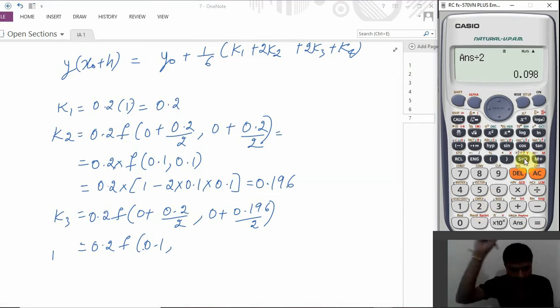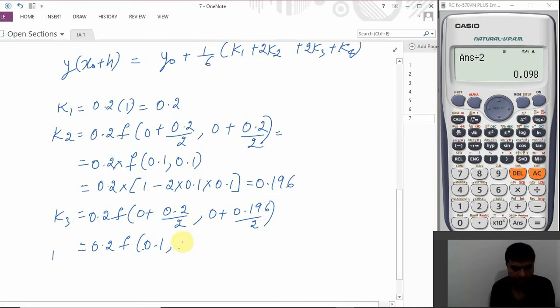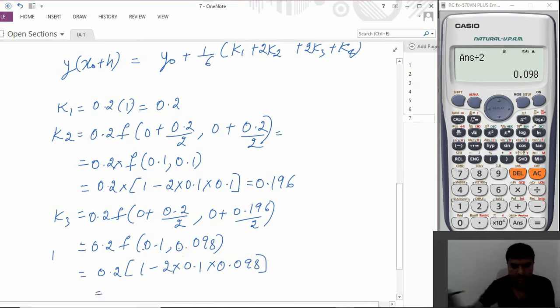Put it in the calculator. You must get the value of k4. 0.2 f of value 1 minus 2 into 0.2 into 0.196.